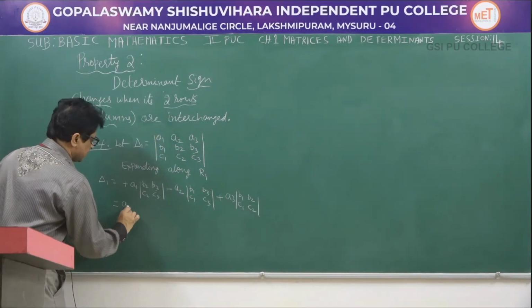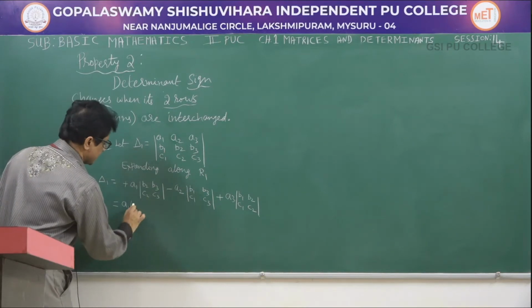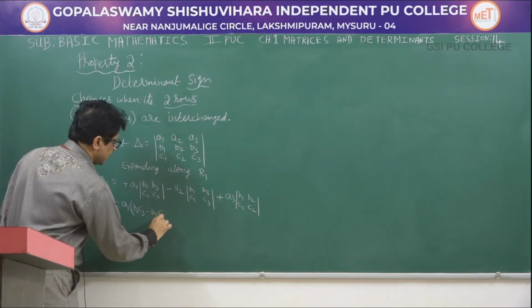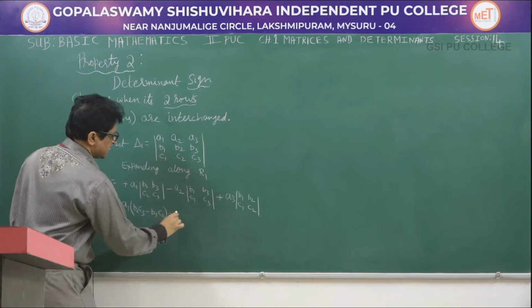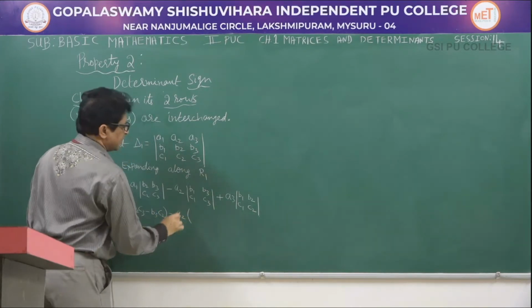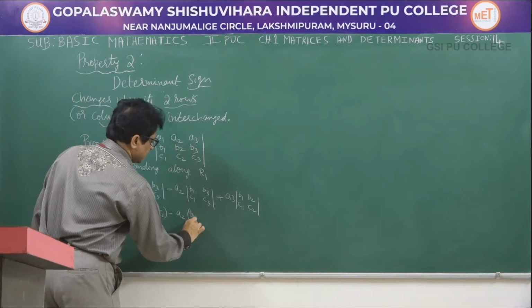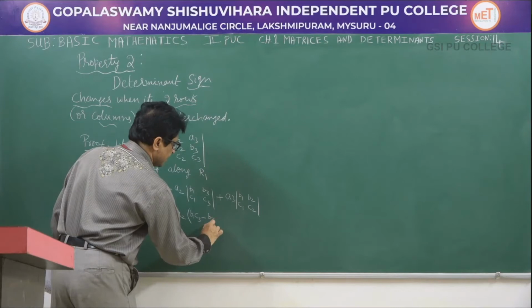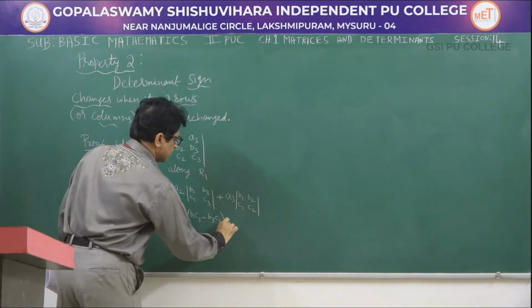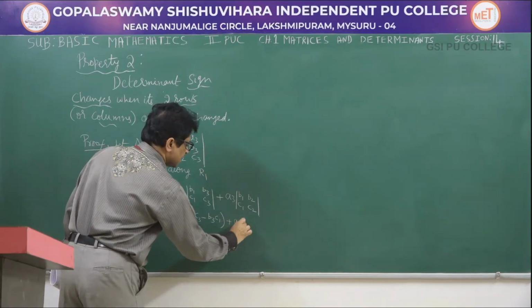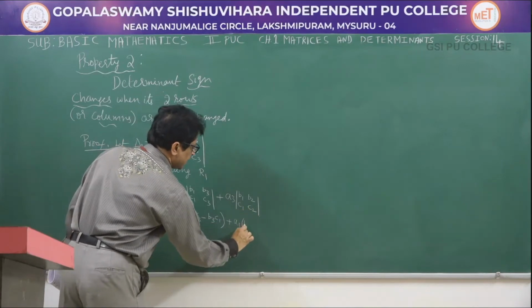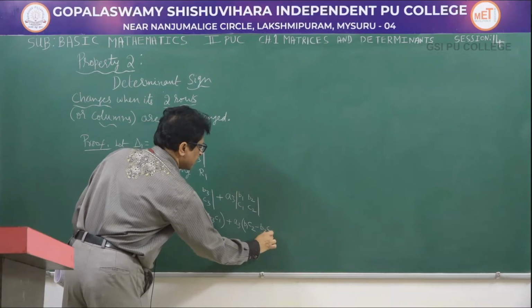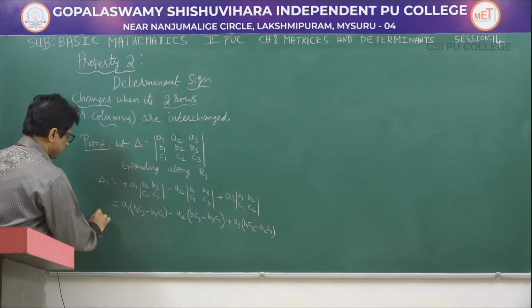That will be equal to A1 into B2 C3 minus B3 C2 minus A2 into B1 C3 minus B3 C1 plus A3 into B1 C2 minus B2 C1.